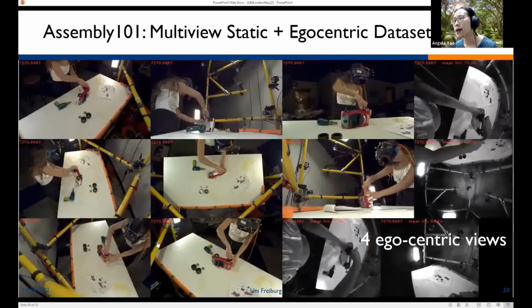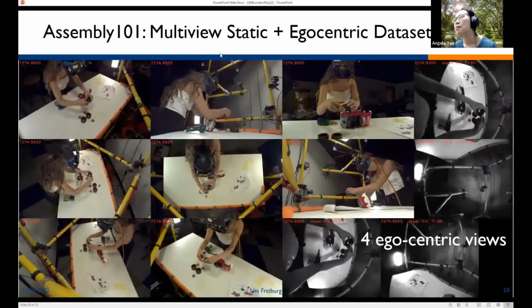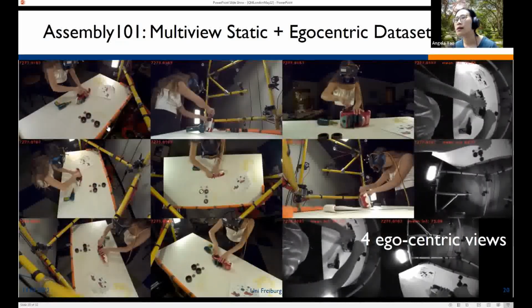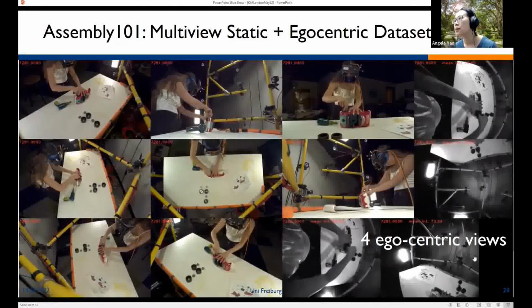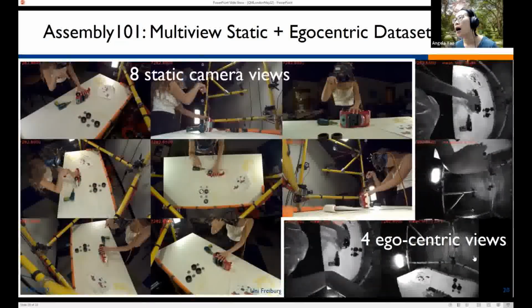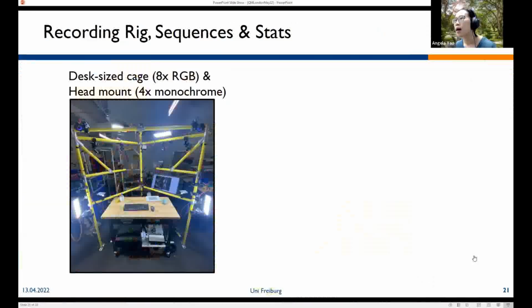So we recorded this data set, which we call Assembly 101. It's a multi-view setting where there are both static cameras as well as egocentric cameras of the people. So 8 static cameras and 4 egocentric views.